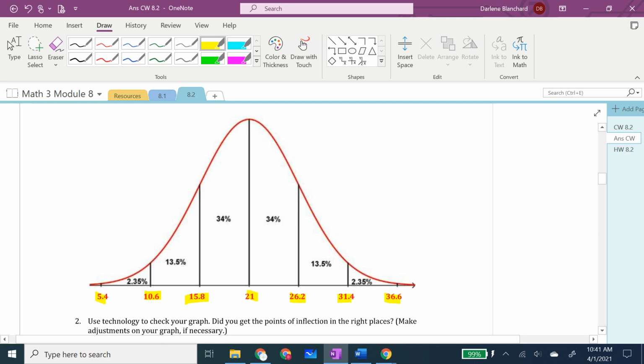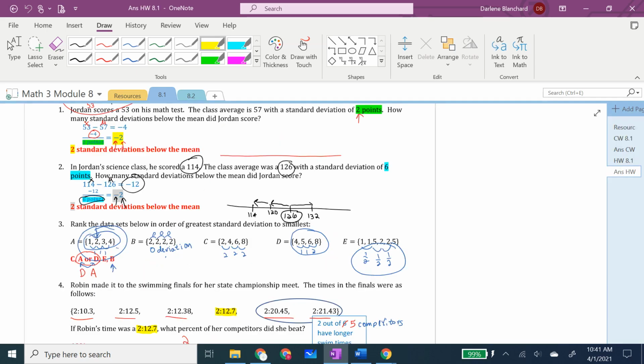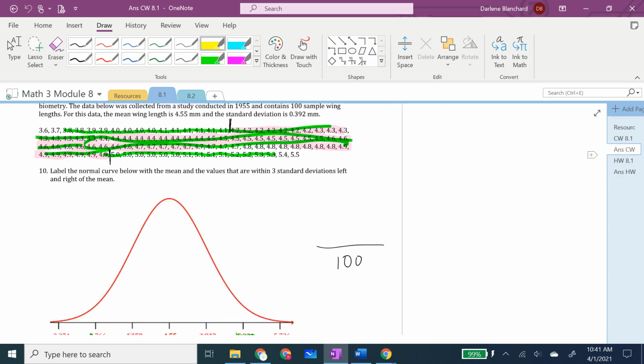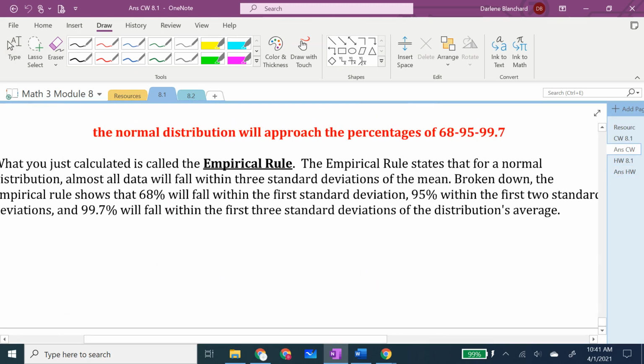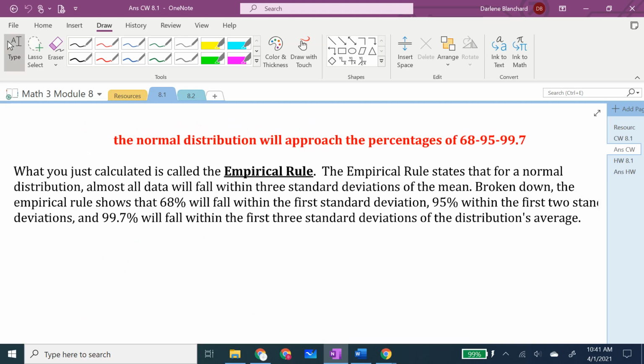And you want to be familiar with standard deviation and the numbers that we had gotten yesterday, but I know people were leaving really quickly at the end of yesterday. So let me point out the empirical rule of 68, 95, 99.7.